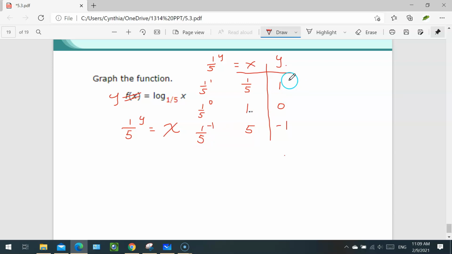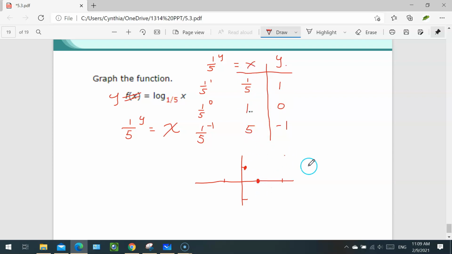So now we have these three points. It should be sufficient for us to sketch the graph. Now your x is here, y is here. When x equals 1/5, y is 1, so you have a dot here. When x equals 1, y is 0, so it passes through (1, 0).